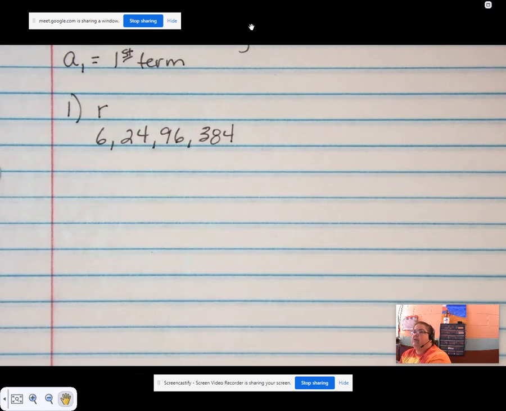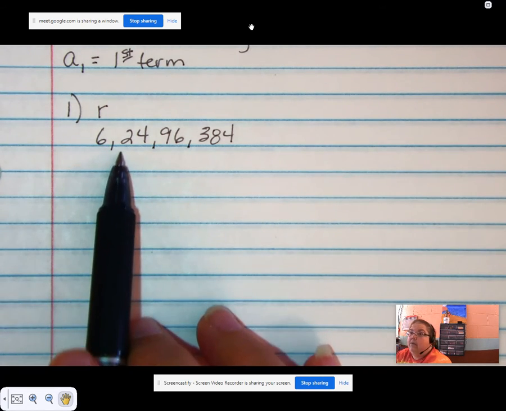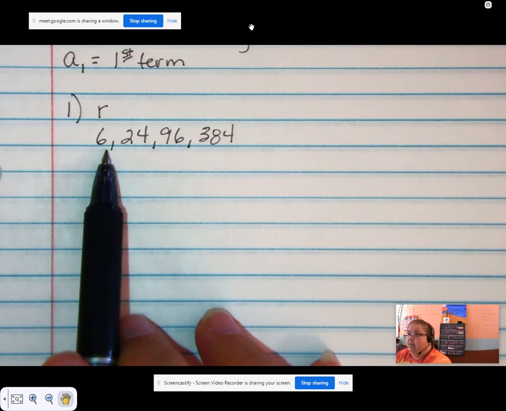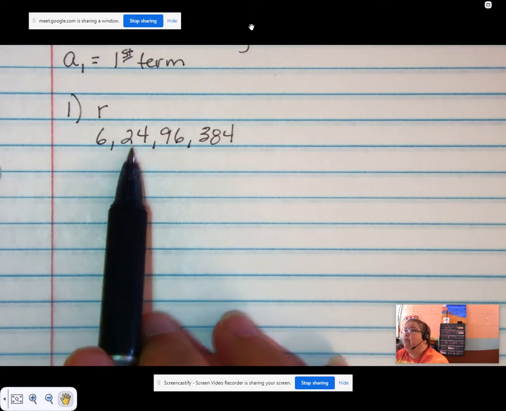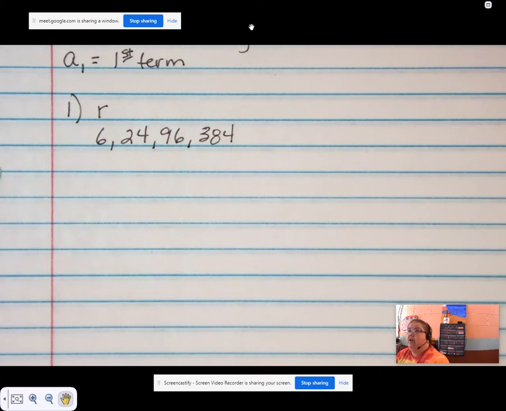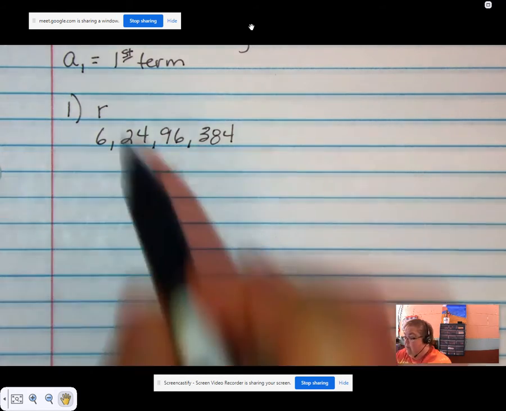Now I can look at those numbers, and this is what James had asked: if I multiply, that means it's geometric, and if I add every time, it's arithmetic. That is exactly it. Are you going to add a number to 6 to get 24 and add that very same number to get from 24 to 96? Well, you know that's not possible, okay? So I know this is going to be a common ratio.